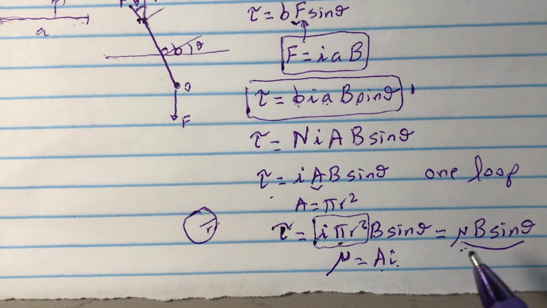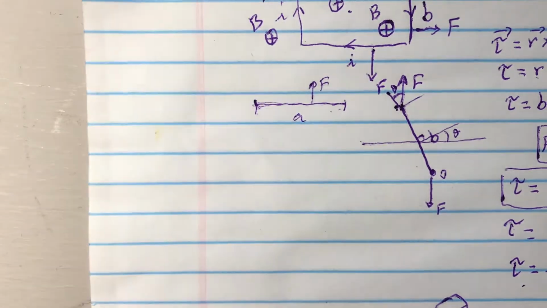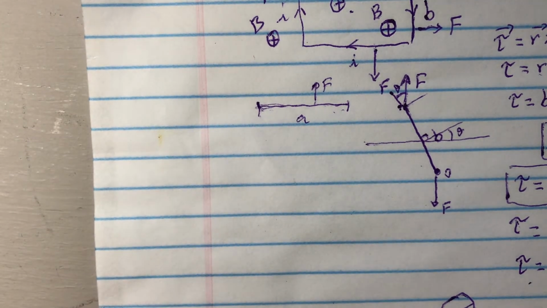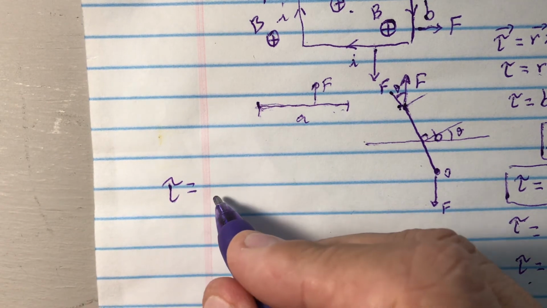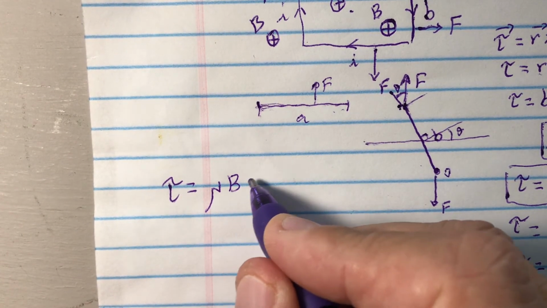So now I come back here where we have space in this section, and then I put torque is equal to mu B sine theta.